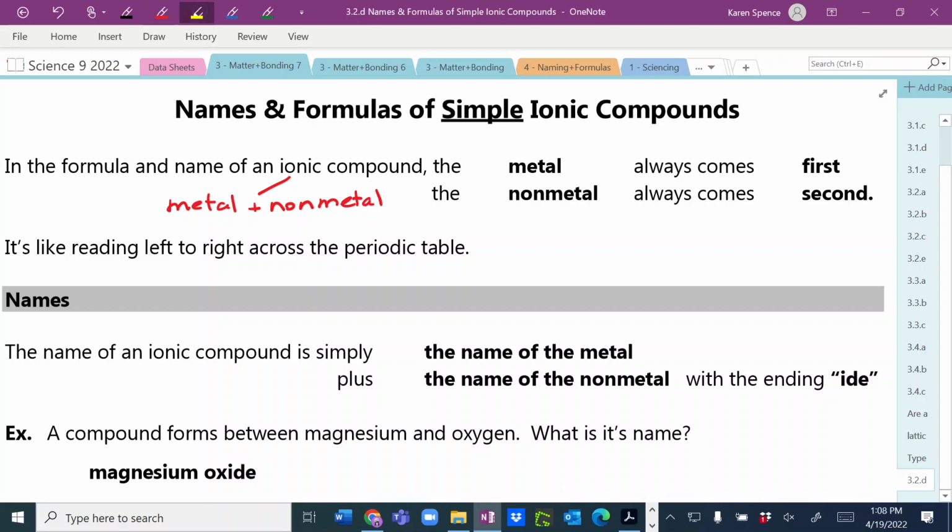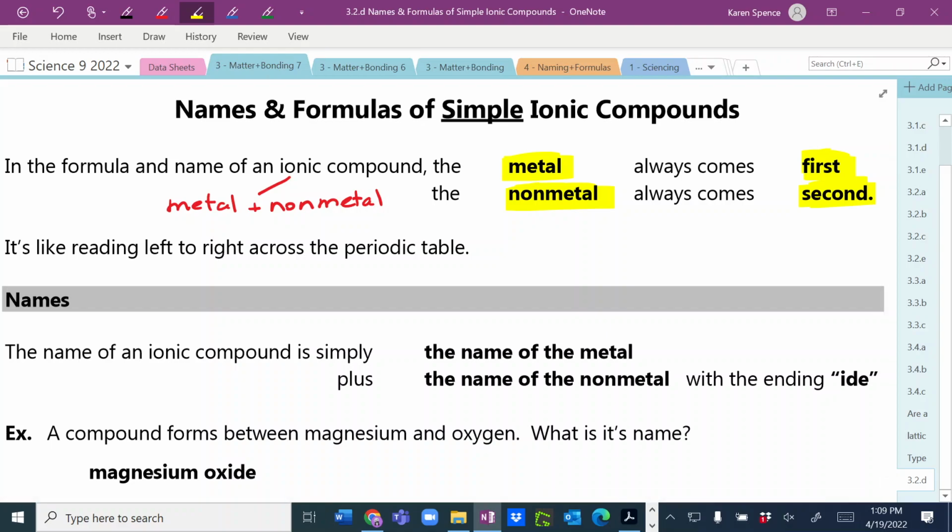It's always the metal that comes first. The non-metal comes second. Just like on the periodic table, the left side has all your metals, and the right side has the non-metals. So the same thing in the formula. The left one is the metal, the right one is the non-metal.